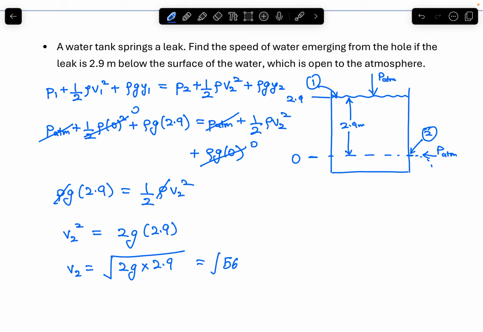That is 56.898. The value I get when I square root it is 7.54 meters per second. So that is how fast the water is moving out of this particular leak.